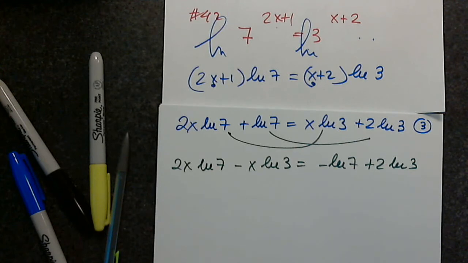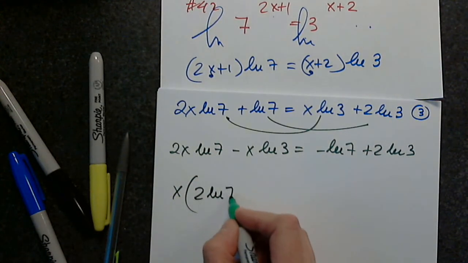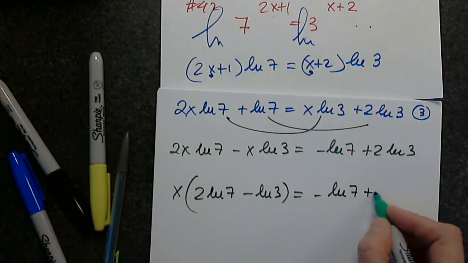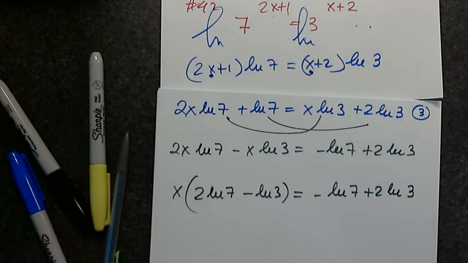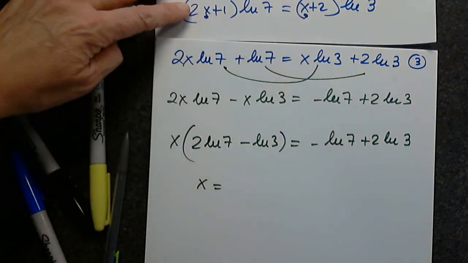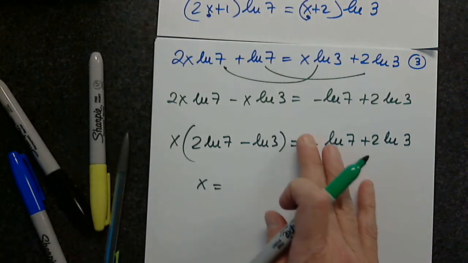Yes, what do we factor out? Perfect, because we cannot combine. x times 2 natural log 7 minus natural log 3 equals negative natural log 7 plus 2 natural log 3. Awesome. Therefore, the last step, x equals. Again, this is just a number.